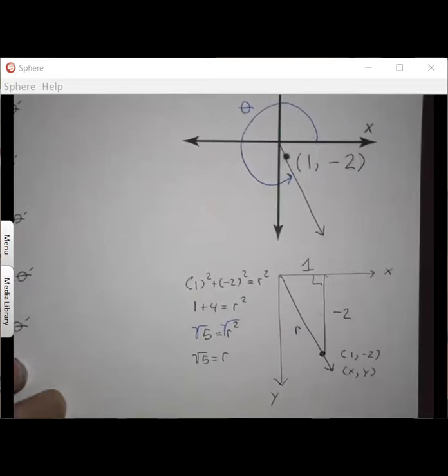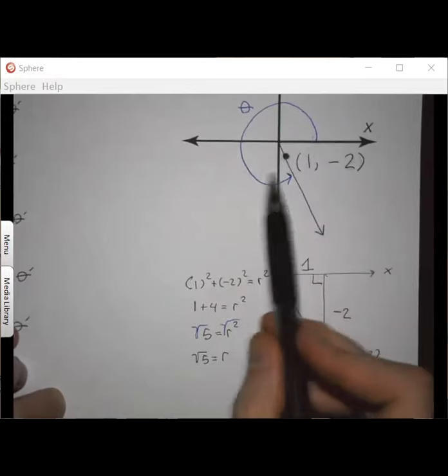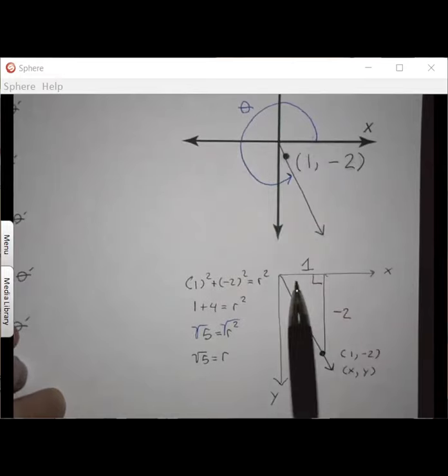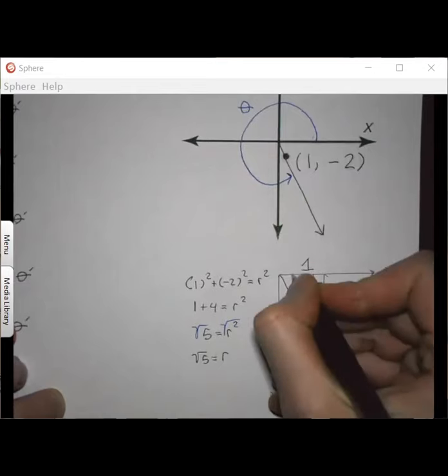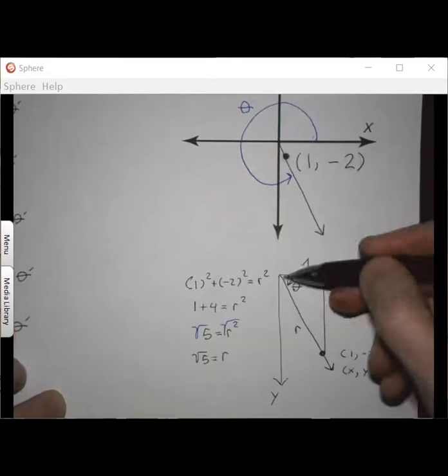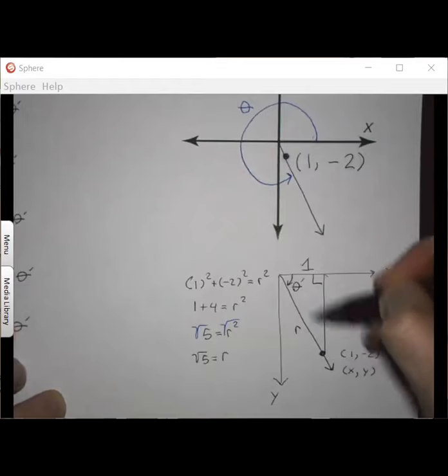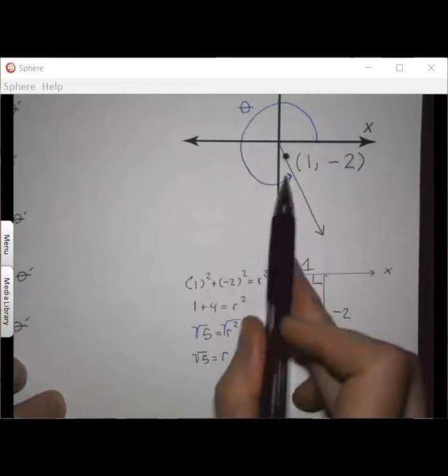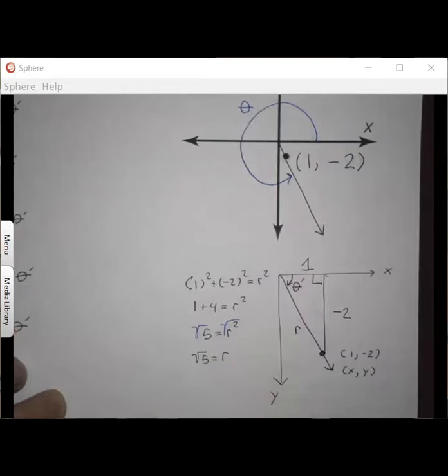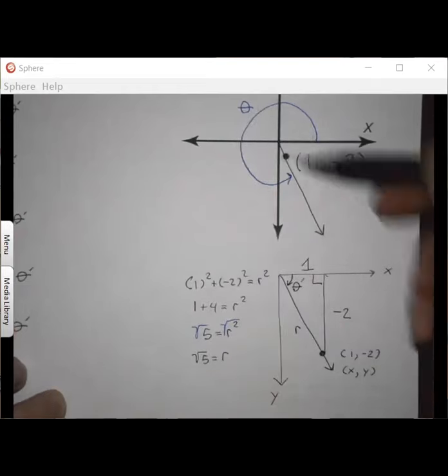Now this works because our angle theta and this new angle right here, we'll call theta prime, they share the same terminal side. So taking the trig functions of this angle, we'll have the same values as that angle because they're in the same place.